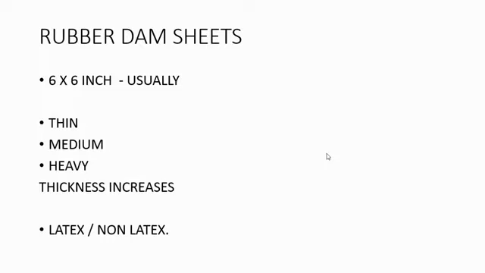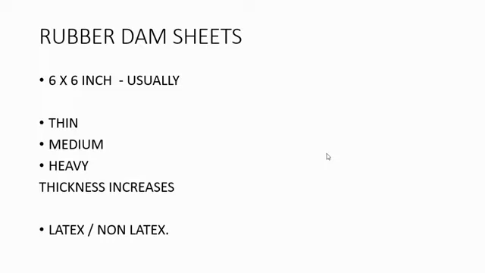For example, you are planning to buy rubber dam sheets, okay, sheets have to be the best, because initially when I was using rubber dam, the main problem I was facing was that the rubber dam sheets provided by most of the kits were very weak and a lot of tearing was there.